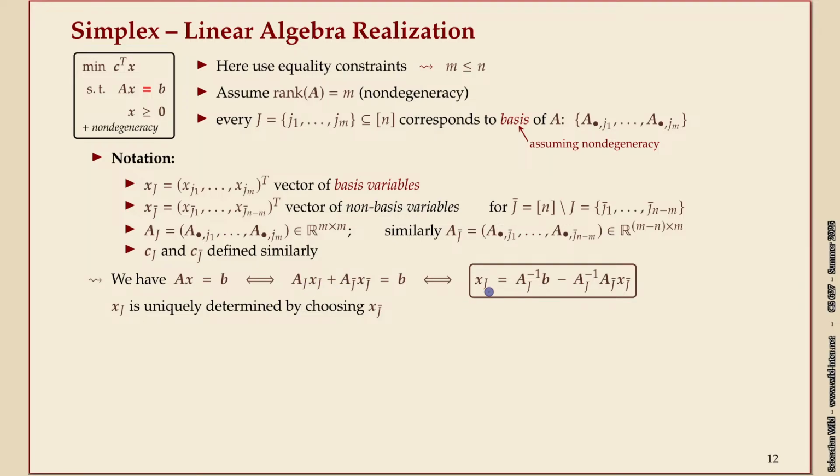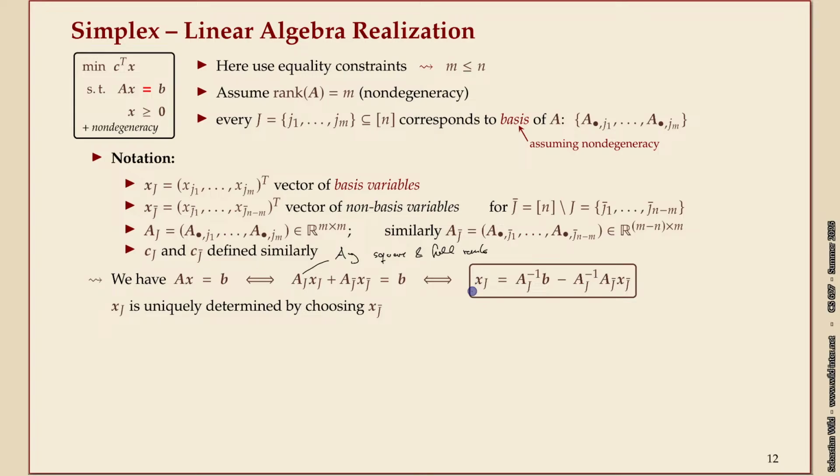And so now this matrix AJ is square and has full rank, which means it's invertible. So you can find an inverse matrix and multiply the equation from the left with this inverse matrix. And then these cancel to identity and you can subtract this to the other side.